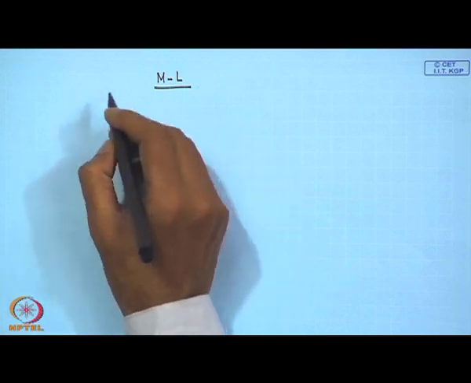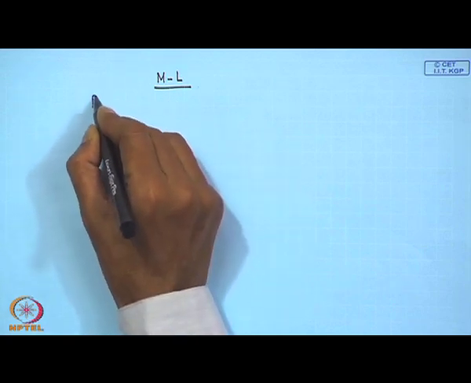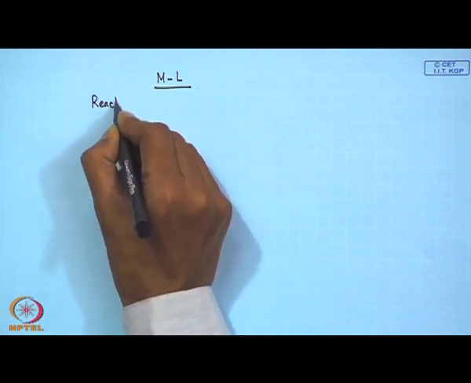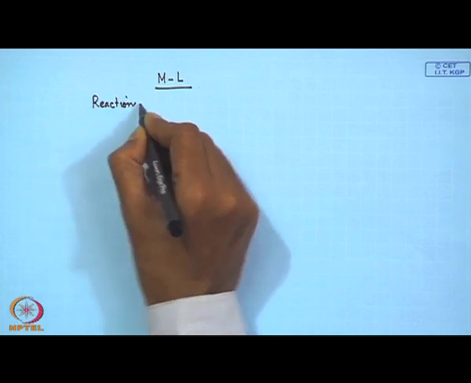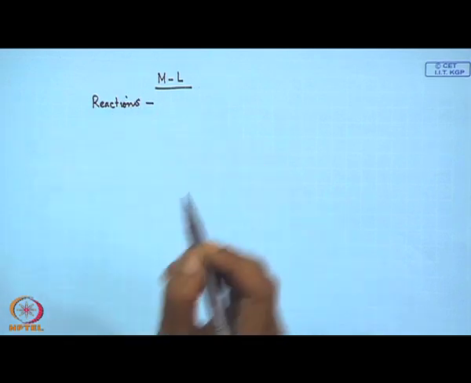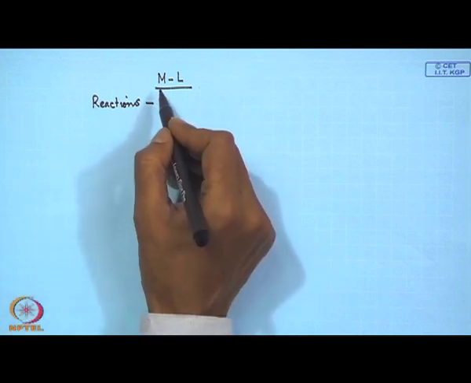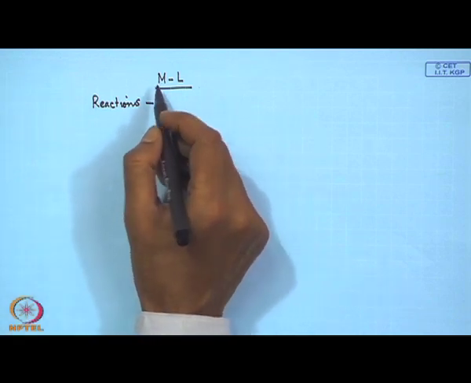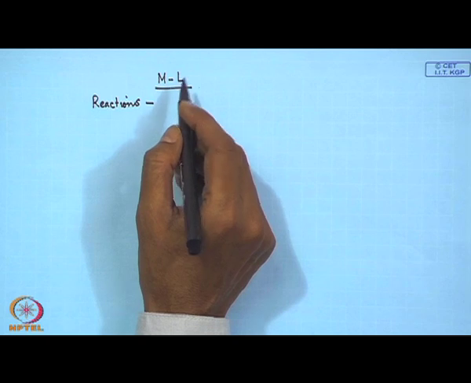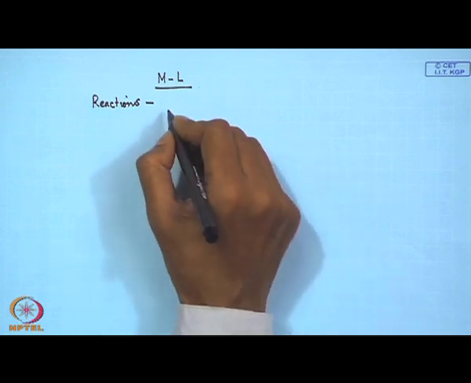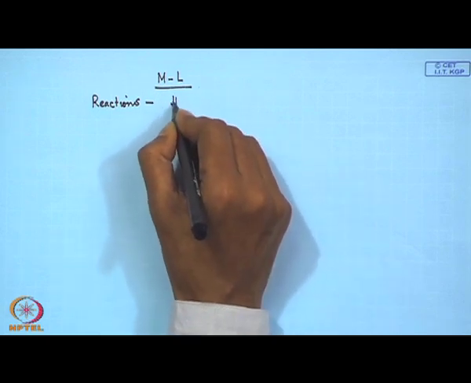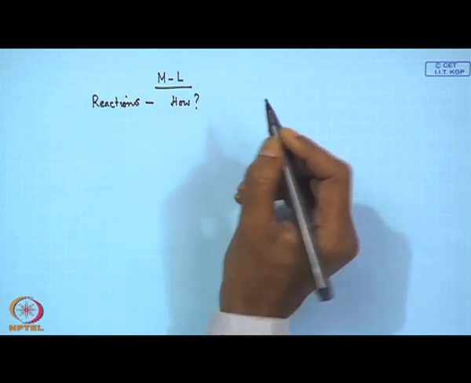If we have M and L, whatever we will be talking about here is reactions, that means a certain metal ion is in our hand and that metal ion is reacting with the ligand, and how they are reacting, that we want to know. So, how is this reaction taking place?